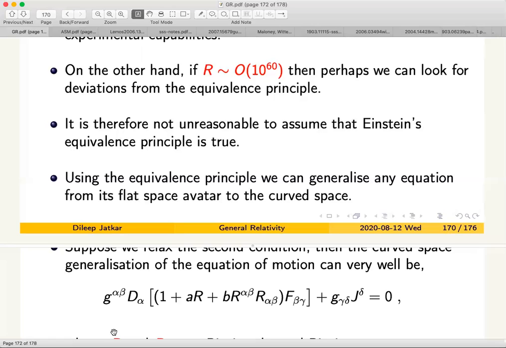So without adding something external to gravity, it is hard to modify the covariant derivative notion while maintaining covariance under general coordinate transformation, or maintaining the tensorial properties of the action of the covariant derivative. So that is the statement.